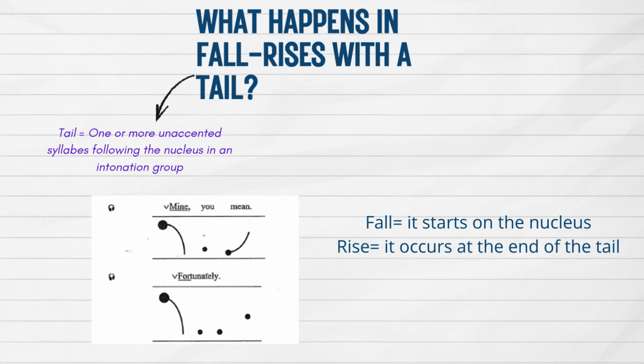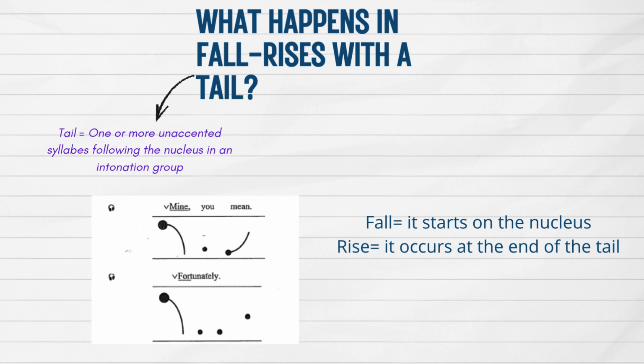When that happens, we say the tone has a tail. Here's how it works. The fall starts on the nucleus, that is the most important word in a sentence. Then the rise happens at the very end, on the last part of the intonation group. So instead of a quick dip and rise, the movement is spread out, like this example.